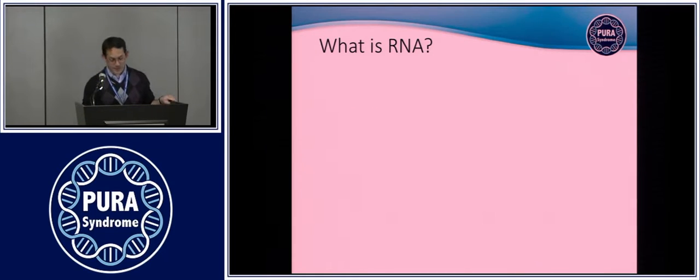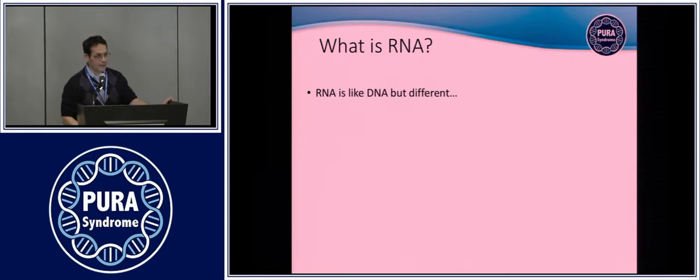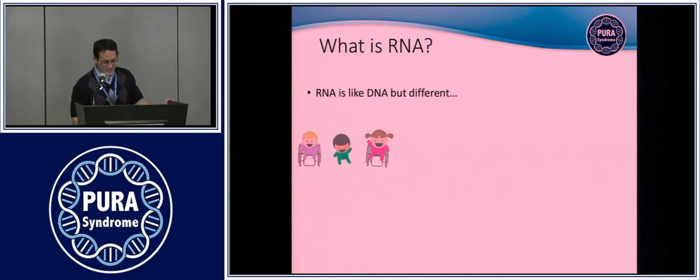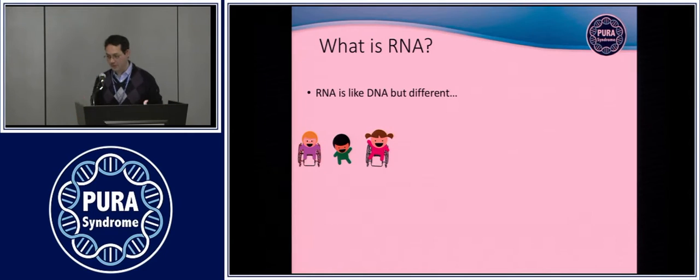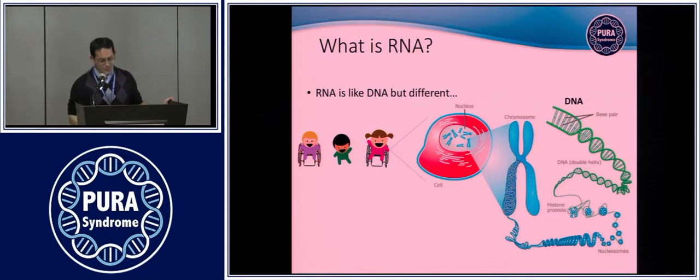Well, we've heard a bit about it today already. And RNA really is like DNA, but it's different. So if you are a person, you may have PURA syndrome, for example. And of course, we know already that your body is made up of these cells. And hopefully this is by now familiar to you, that in your cells you have, in the nucleus, the center, the instructions, which is DNA wrapped up in chromosomes.